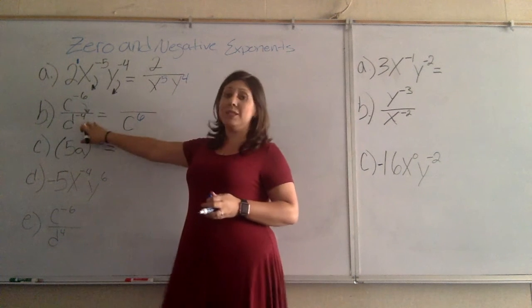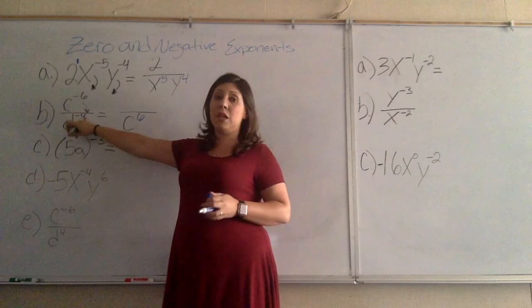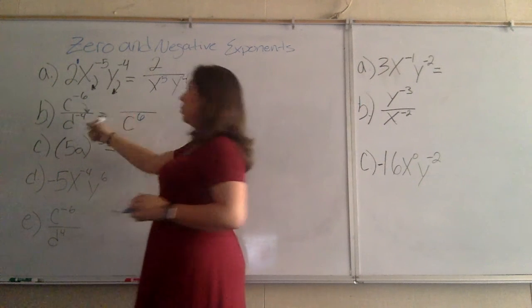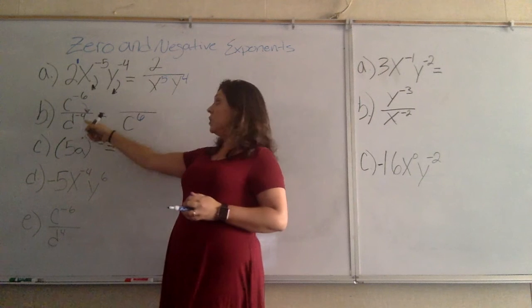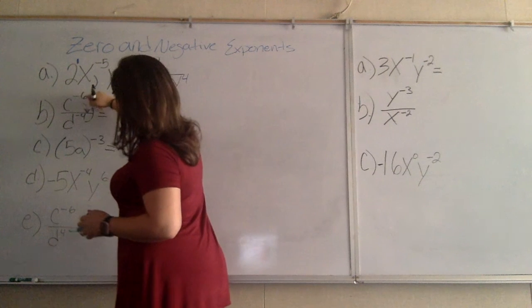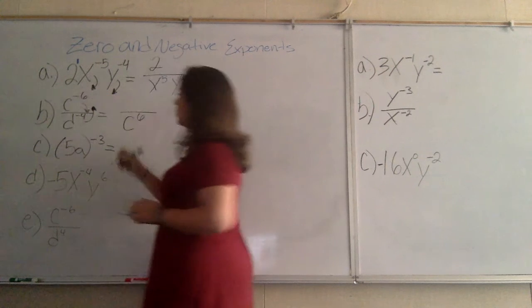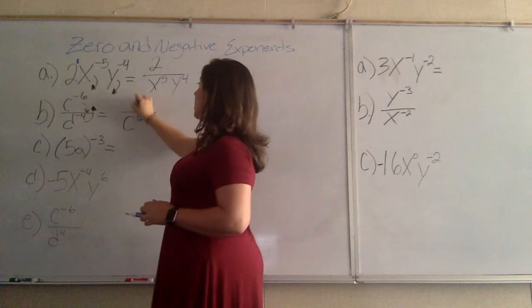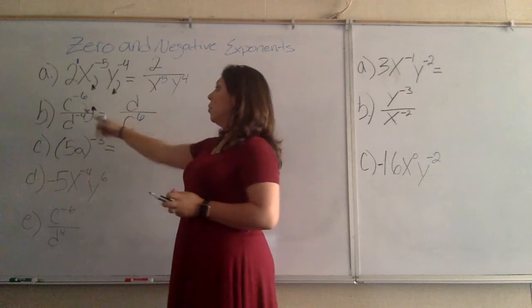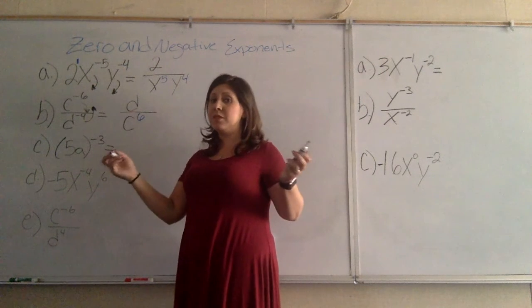If I look at my D, it has a negative 4. So since it has a negative 4, we're going to move it. But it's already on the bottom. So if it's on the bottom already, I move it to the top. So I'm going to put an arrow going up. So I'm going to move my D to the top. Once I move the D to the top, my 4 becomes positive.